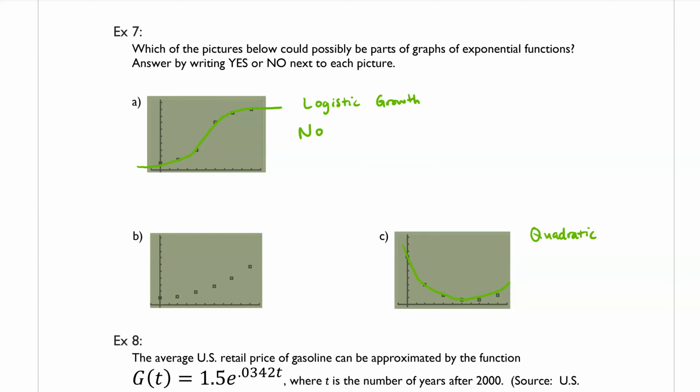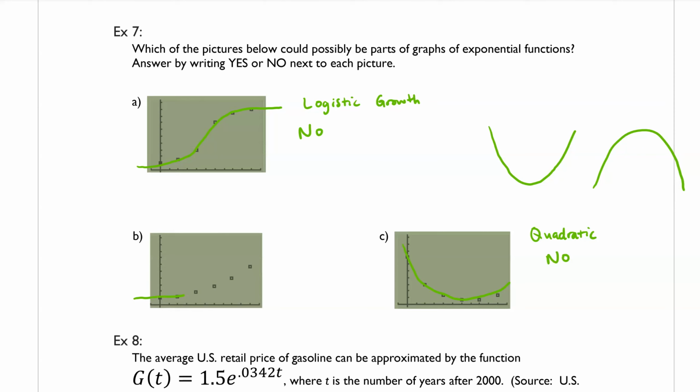So quadratics are either going to be U-shaped, or kind of look like a mountain. So if you have a scatter plot where if you were to connect the ordered pairs and it looked like either of those shapes, we would call it quadratic. And so that is not exponential.